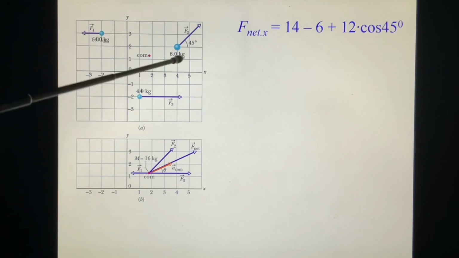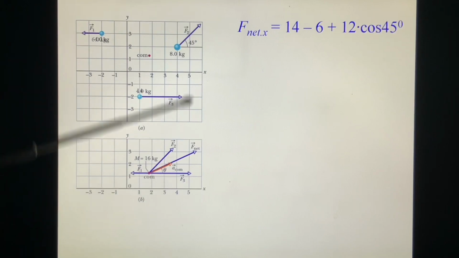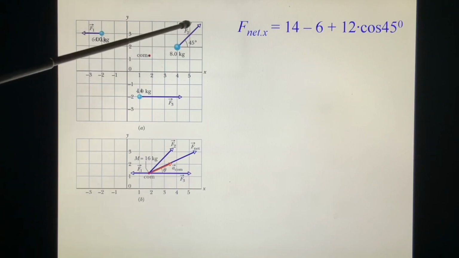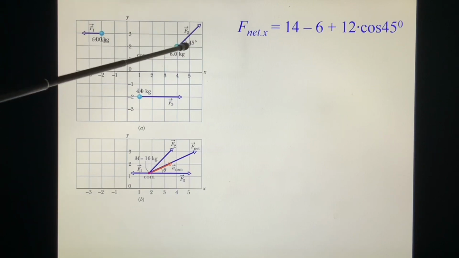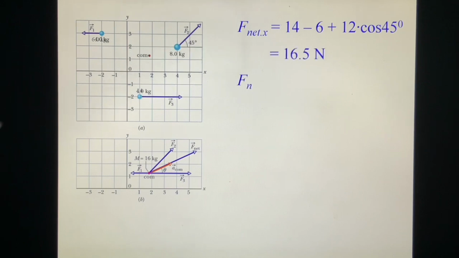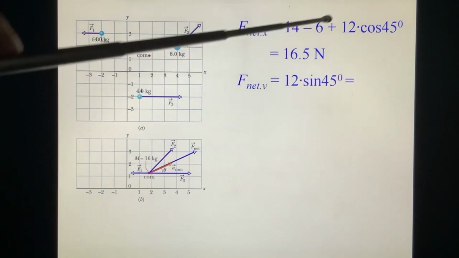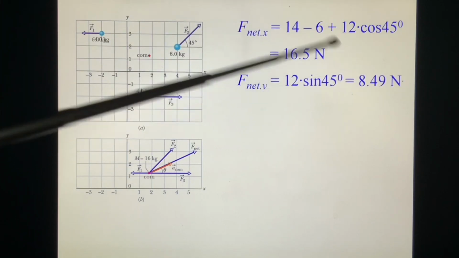So this is 14, this is minus 6, and this is 12 cosine 45, positive. And the net force along y: these two don't have any component, only 12 sine 45.